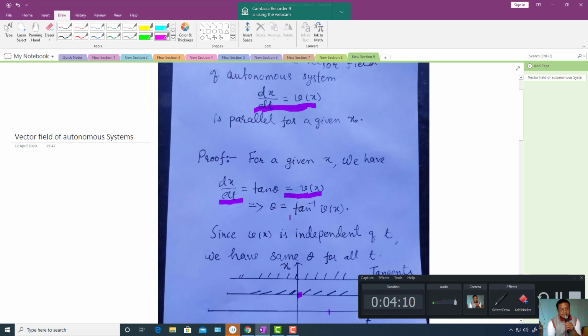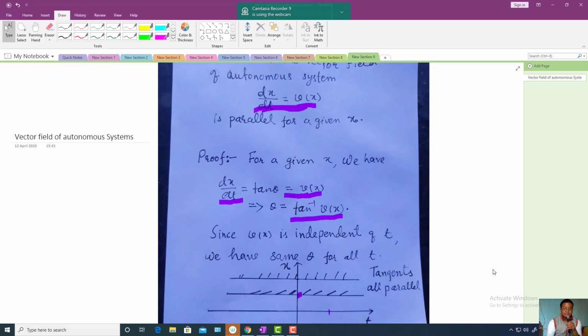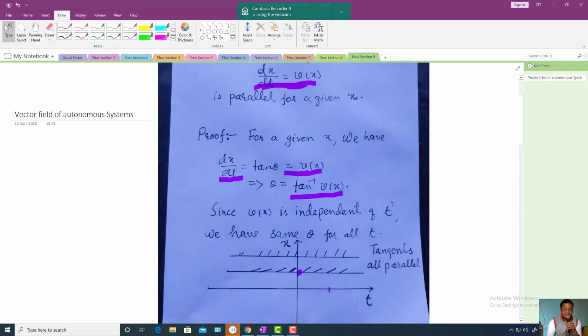This implies that theta is equal to tan inverse of f(x). So it is independent of the independent variable time. There is no time variable involved here. So for every value of t, this is fixed. That means the direction is fixed.